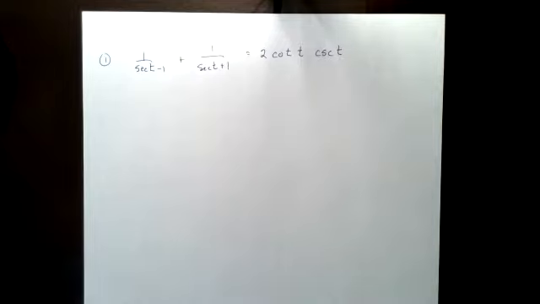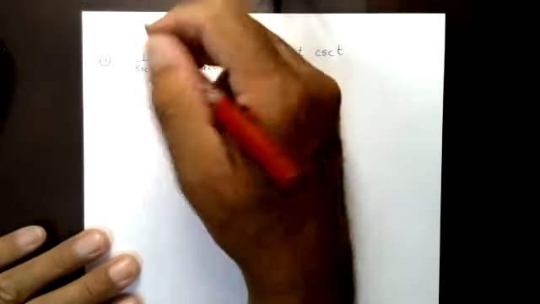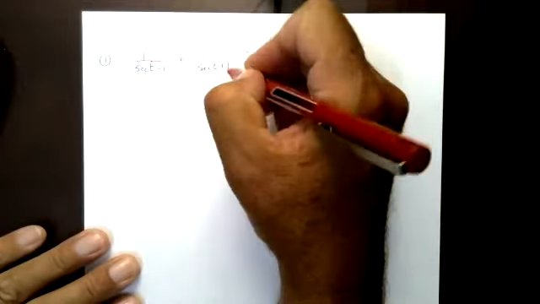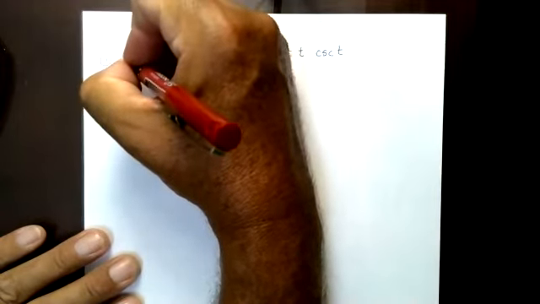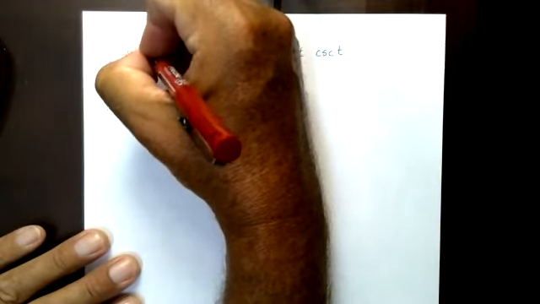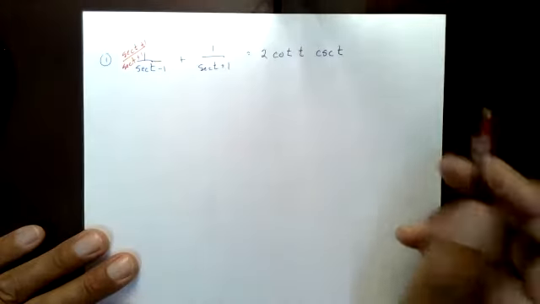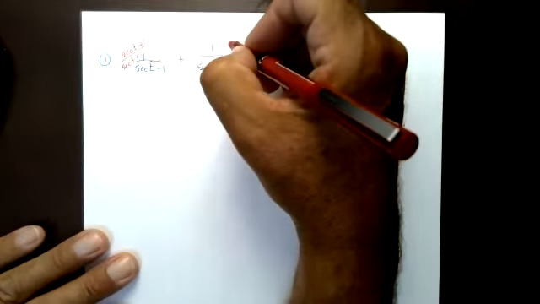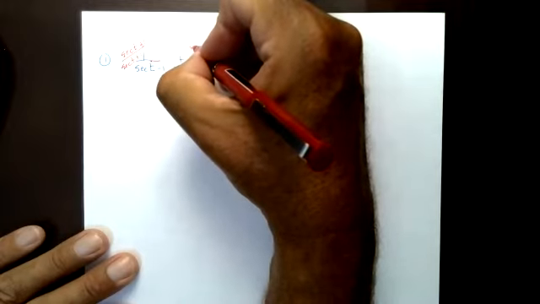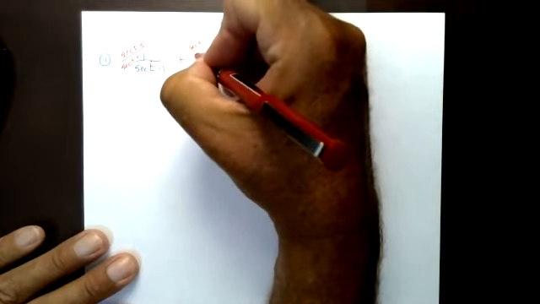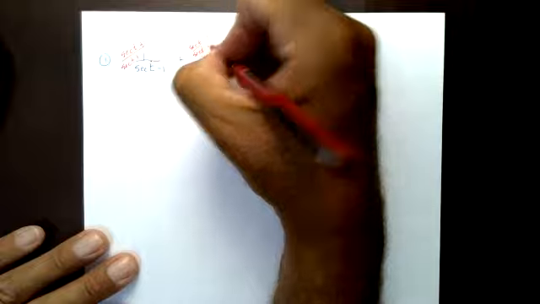So if I take a look at this first one, I'm going to multiply the first term by secant of t plus 1 over secant of t plus 1. And on the second term, I'm going to multiply by secant of t minus 1 over secant of t minus 1.